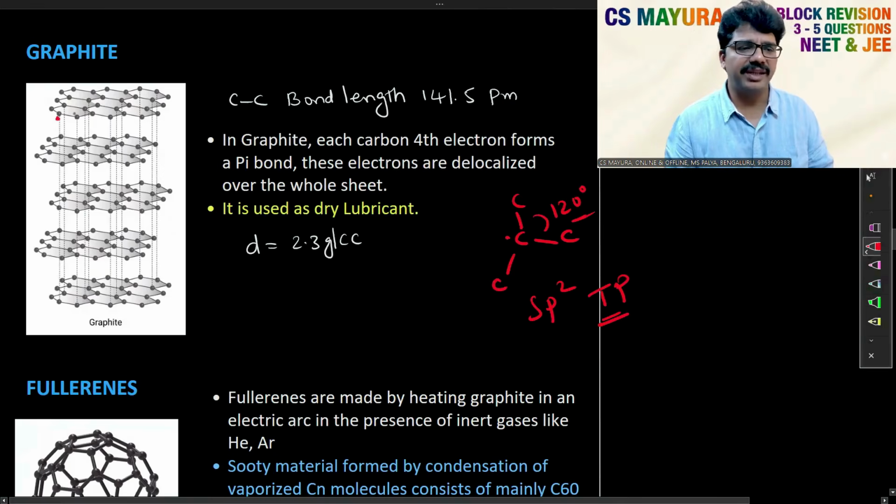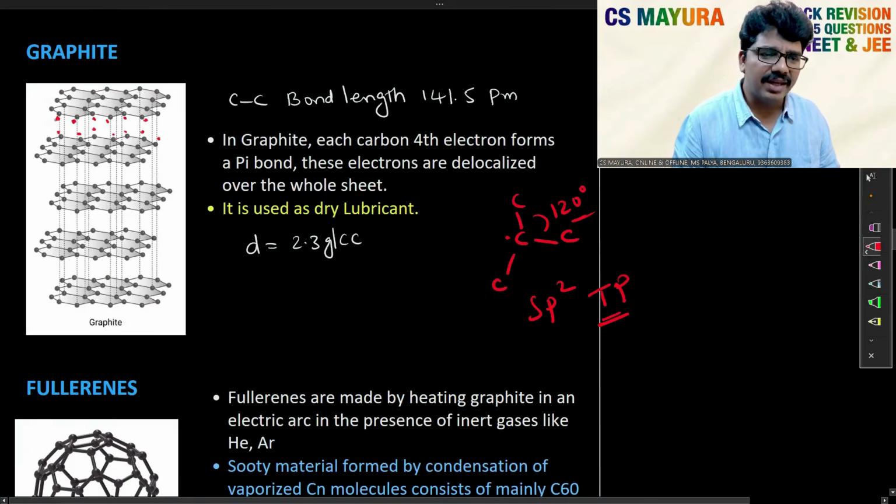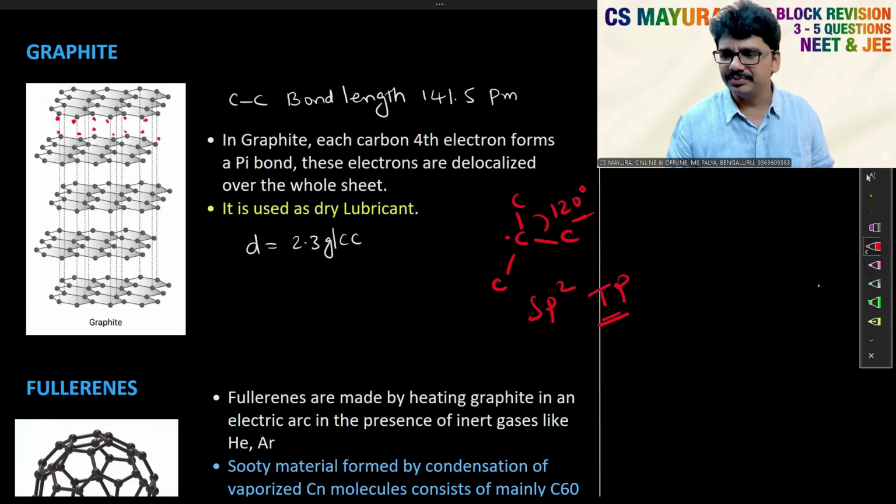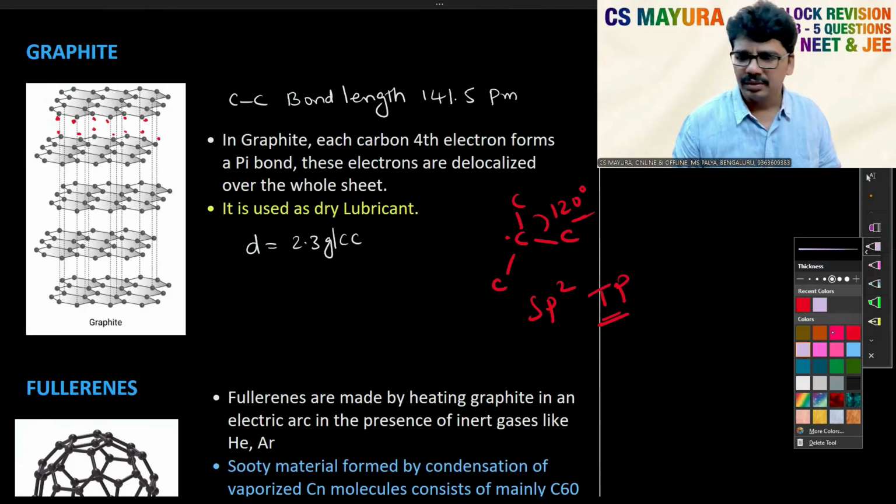See the picture, this carbon has a free electron, and all these carbon atoms have 1 free electron. Similarly, the other layer's carbon atoms also have free electrons. So 1 free electron is involved in bonding with another free electron.